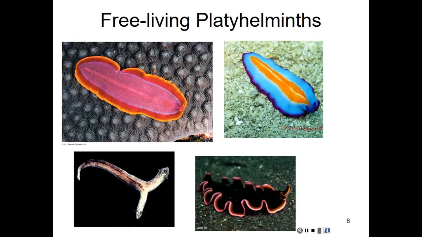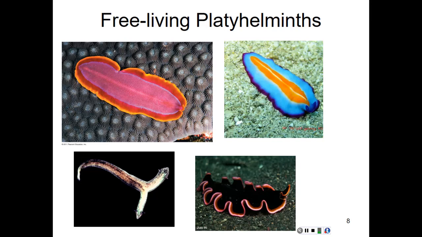So some flatworms are free living. They are predators or scavengers. We might also find them in an aquatic environment like a pond. They typically will glide along their ventral surfaces by cilia and mucus, or swim by an undulating motion.